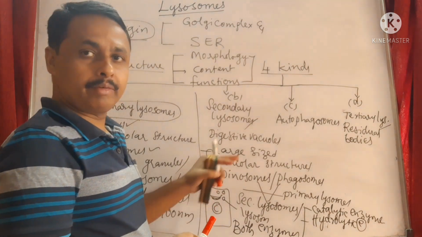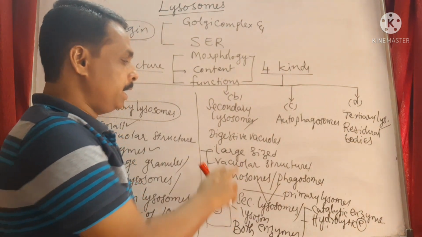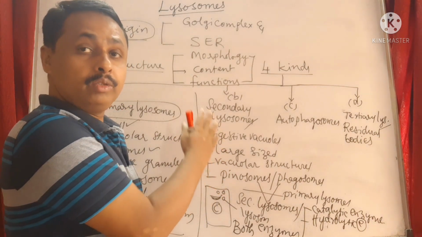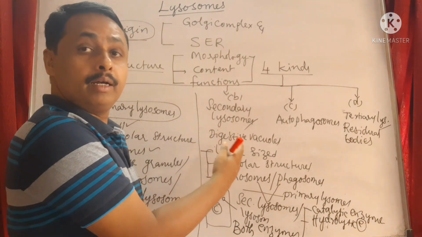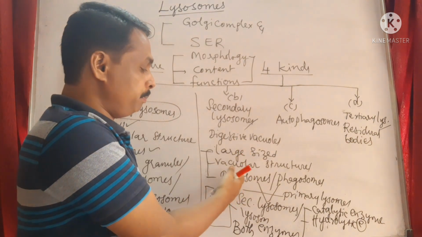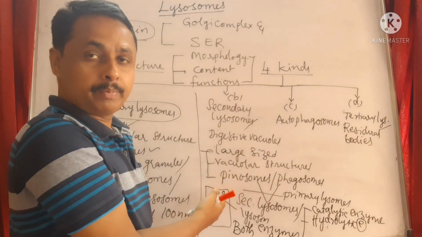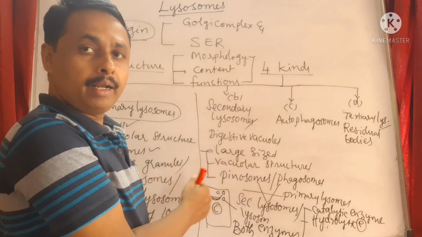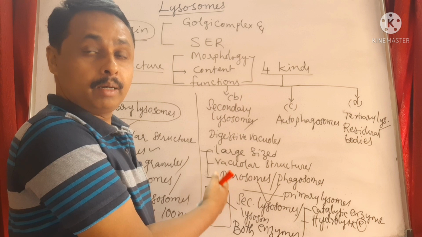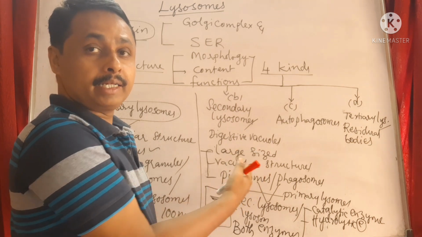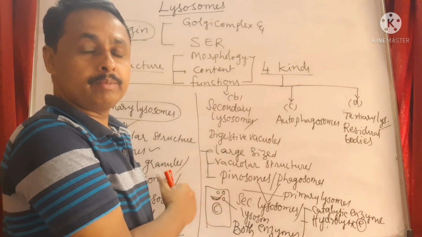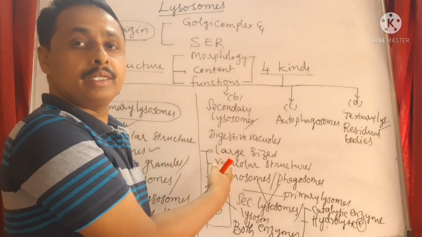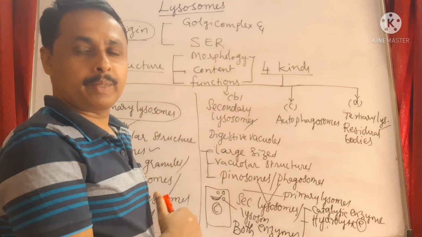Secondary lysosomes are otherwise called digestive vacuoles, and they are large-sized vacuolar structures. They are formed when pinosomes or phagosomes fuse with the primary lysosomes. They contain both catalytic and hydrolytic enzymes, and because of these enzymes they are involved in digesting materials present in the cytoplasm.